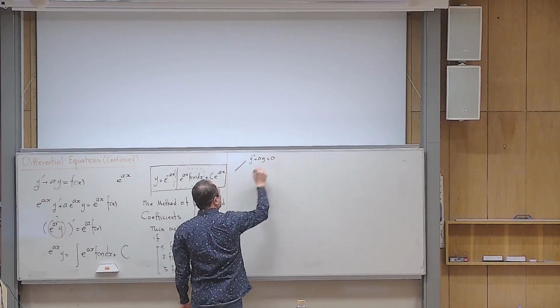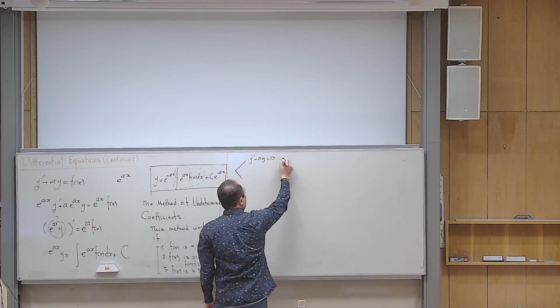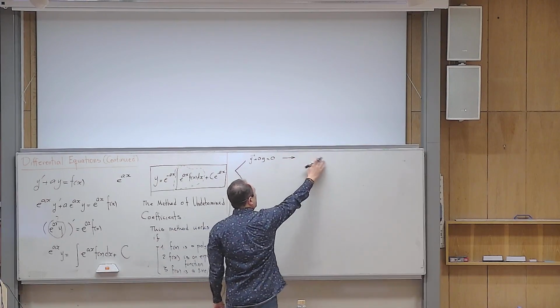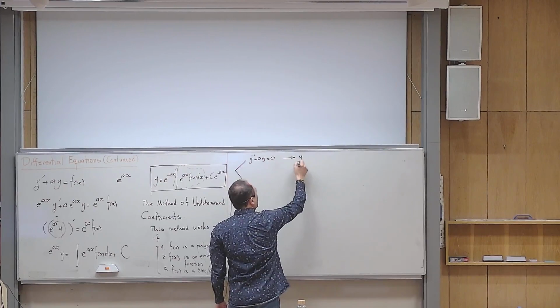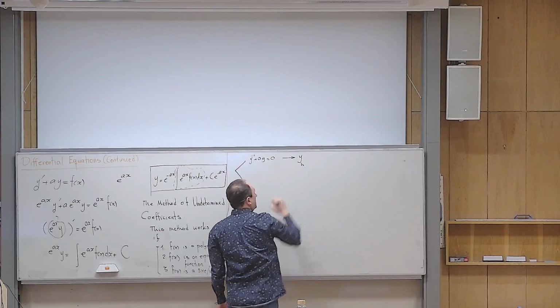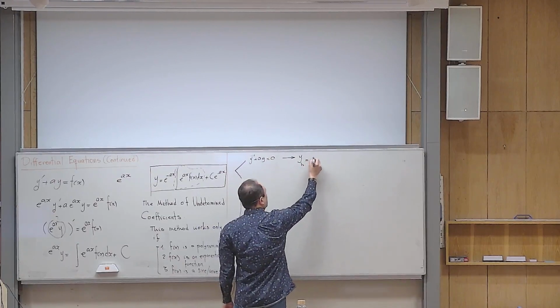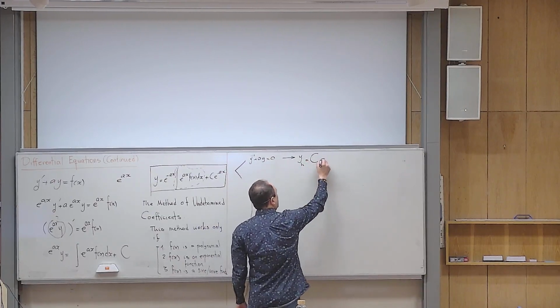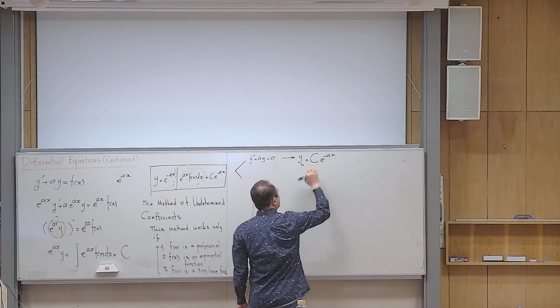solve the homogeneous one, and find the general solution. This we already answered. So the general solution of the homogeneous one, let me call it y sub h, we learned that this becomes a constant times e to the power of minus ax.